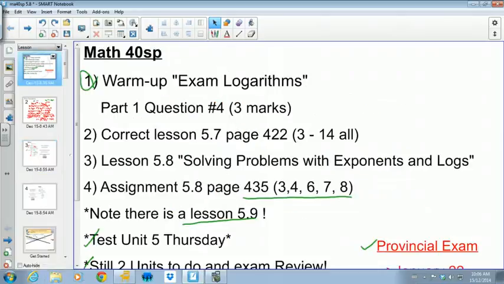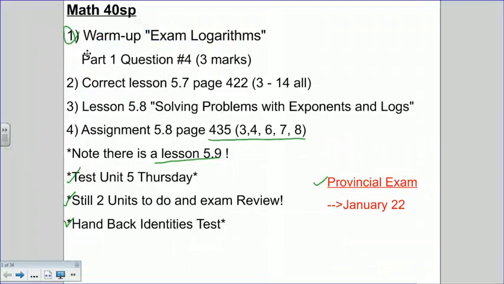Okay, so that leads us into what I want to do today. Is there anything we need to correct on 5.7? Make sure like number 9, 11, 12, you can do those. Hey, Kayla? 13B? Any others? 11B?